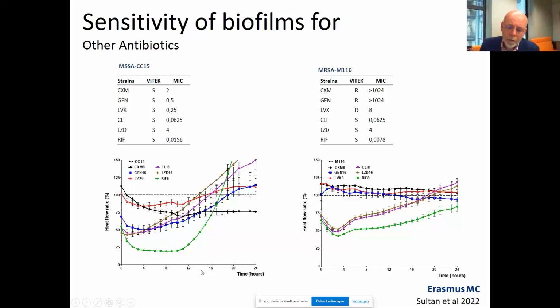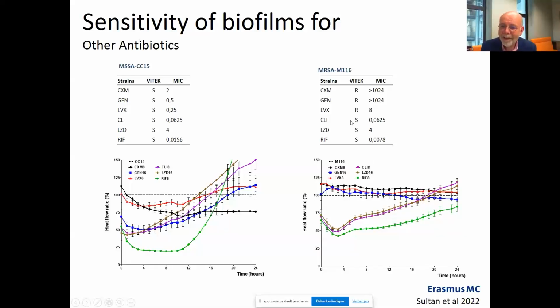We also, in this paper, studied other antibiotics, and here I depict 2 strains, one MSSA and one MRSA. When we again look at the MRSAs, I think it's very clear that the Vitek data say resistant. These are the biofilm sensitivities for these, so they are indeed resistant.